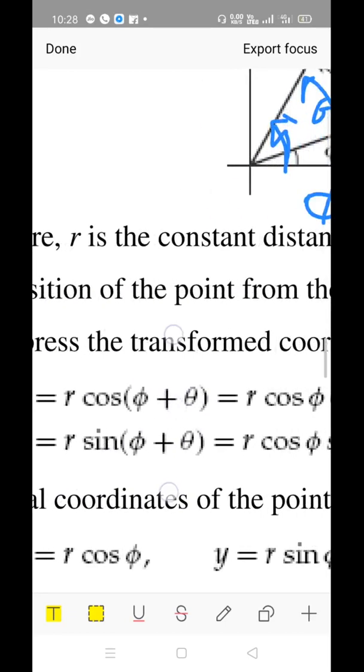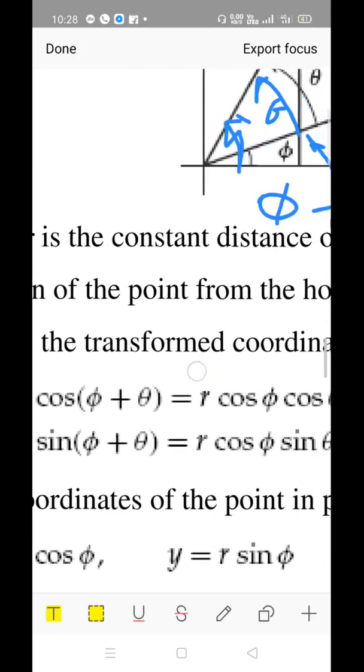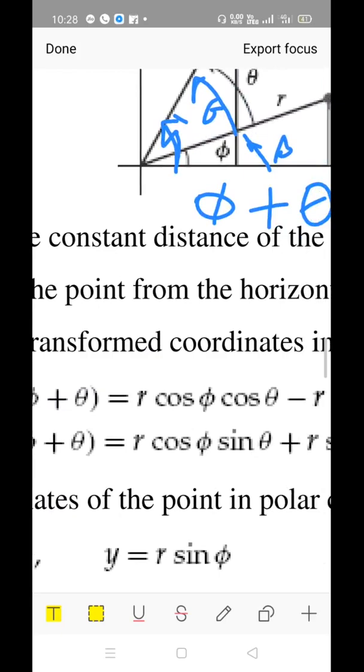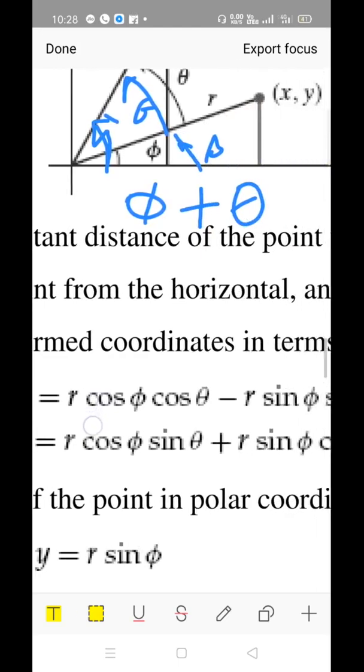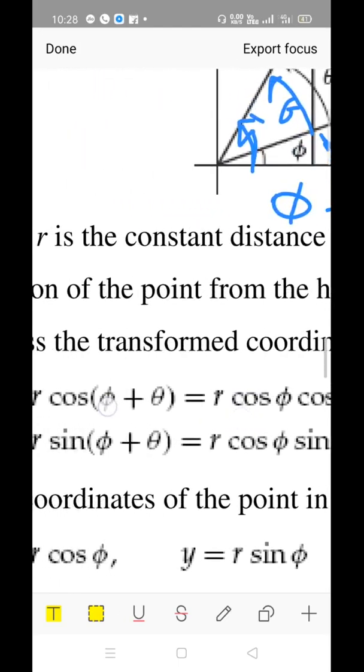So this will be in the form of cos of a plus b. What is cos of a plus b? Recall the trigonometric function, cos of a plus b is cos a cos b minus sin a sin b, isn't it?